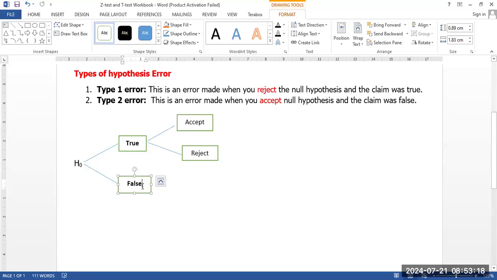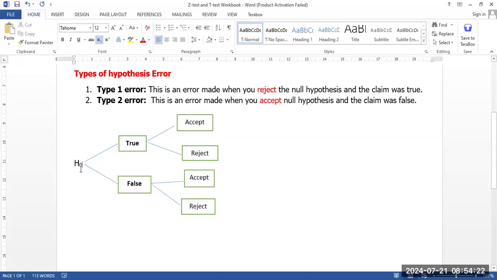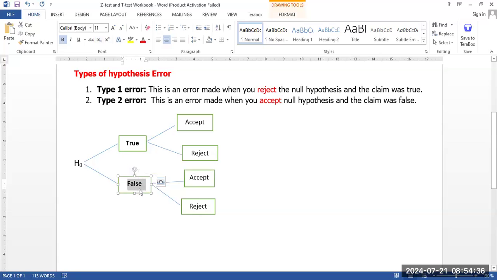That conclusion, you are saying you can either accept this false hypothesis or you reject this false hypothesis. So here we are saying you have stated your null hypothesis. What you state can either be true or false. But at the end of it all, you want to make a conclusion from what you stated, by either accepting what you stated or rejecting what you stated.